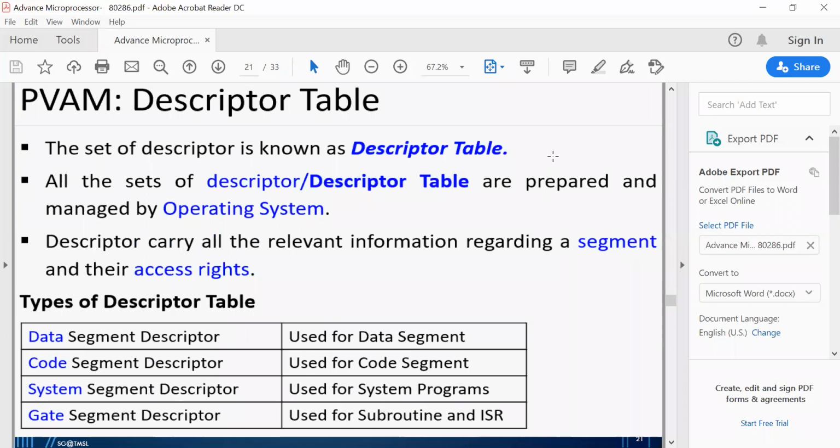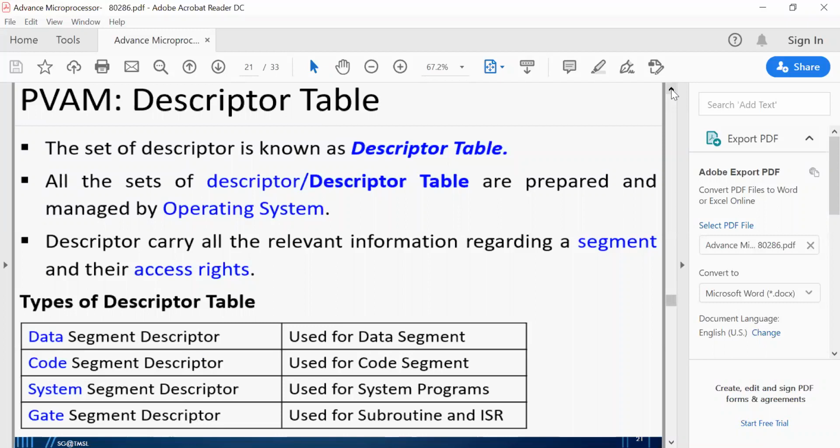Before going on to discuss the physical address calculation, first the descriptor table. A descriptor is a block of contiguous memory locations containing information of a segment. So the set of descriptors is known as a descriptor table. All the descriptor tables are prepared and managed by the operating system. As I have told you, descriptors carry all the relevant information regarding the segment and the access rights. So every segment must be there.